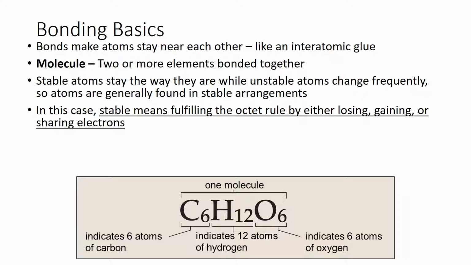So this is going to happen because the molecule is a more stable configuration for the atoms, and the atoms want to be stable because things that are stable are going to stick around longer. And when we look into chemistry, we're going to see the things that did stick around longer. So generally, when we see atoms, they're going to be in the configuration that makes them the most stable. Does that make sense?